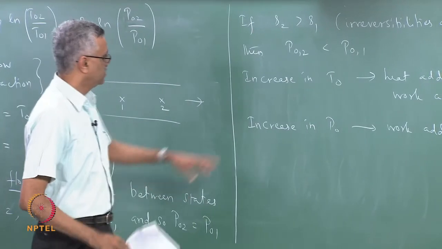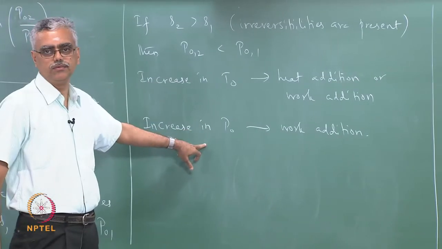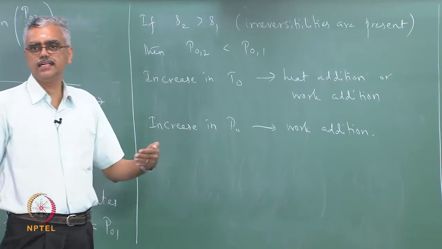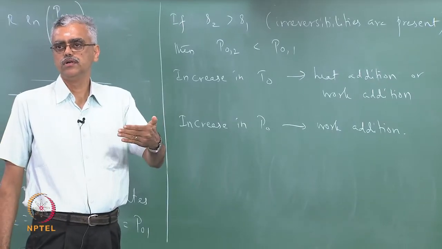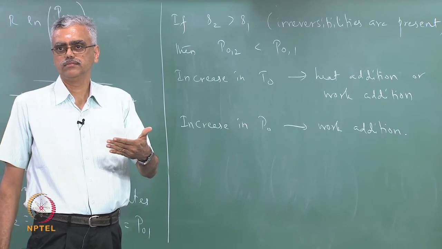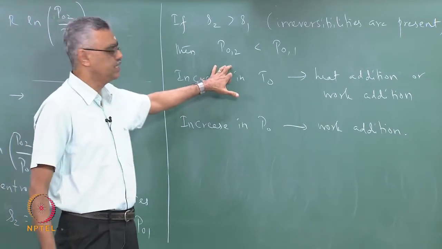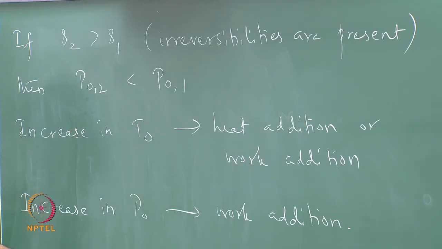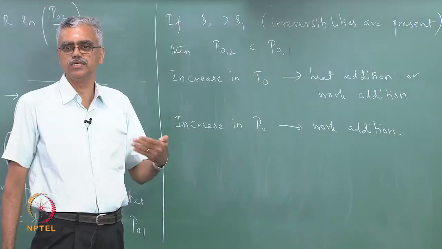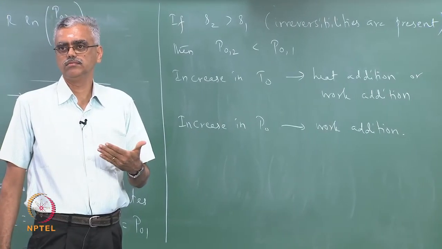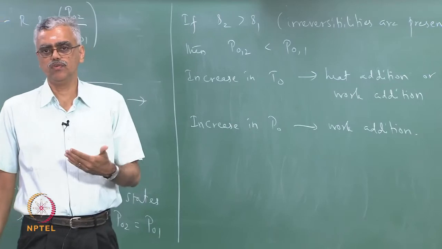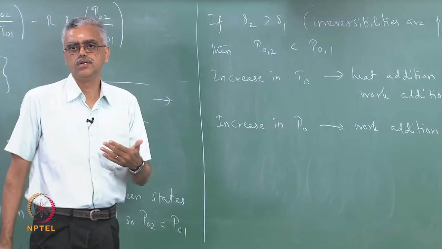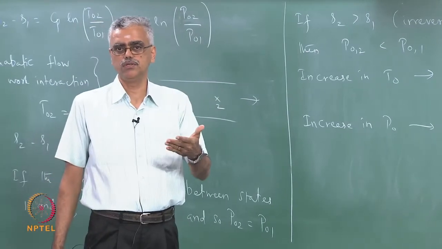So if there is a reduction of P0, we can say that that is equivalent to a loss of work, right? So any loss of stagnation pressure is equivalent to a loss of work or loss of energy, and so it is not desirable. In any compressible flow, loss of stagnation pressure must be avoided because that is equivalent to loss of work.